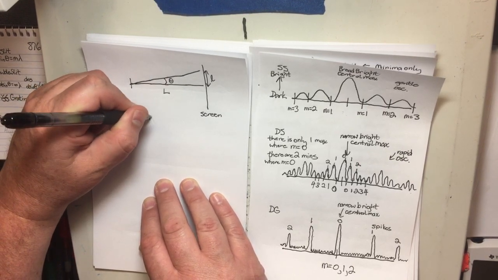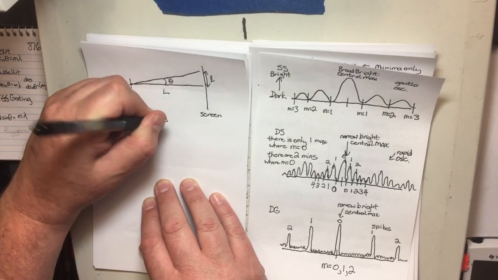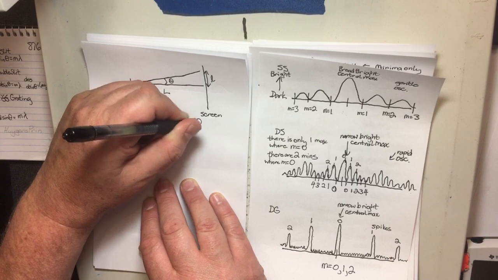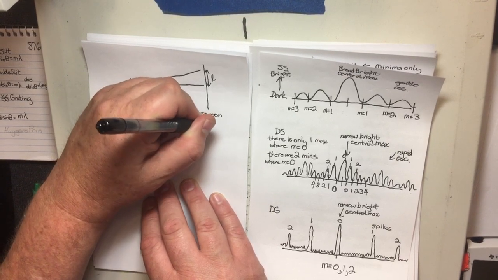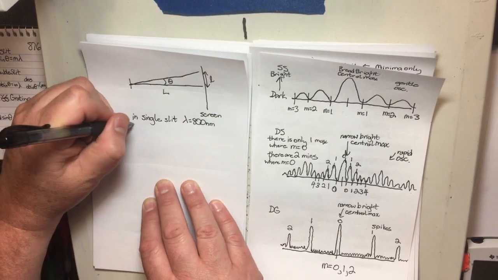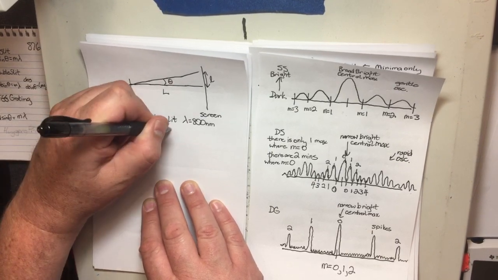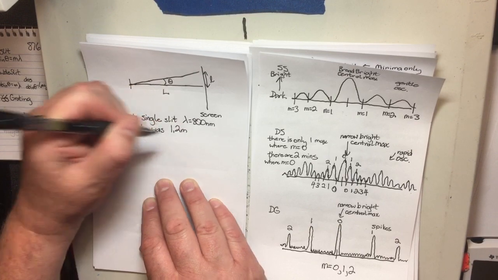In single slit, let's say lambda was 800 nanometers and L was 1.2 meters.